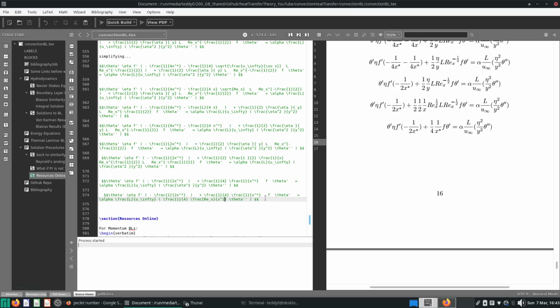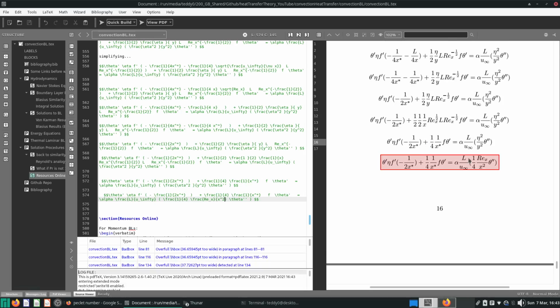A very quick run through: half times half is 1/4, 1 over x times 1 over x is x squared, Re to the half is just Re.